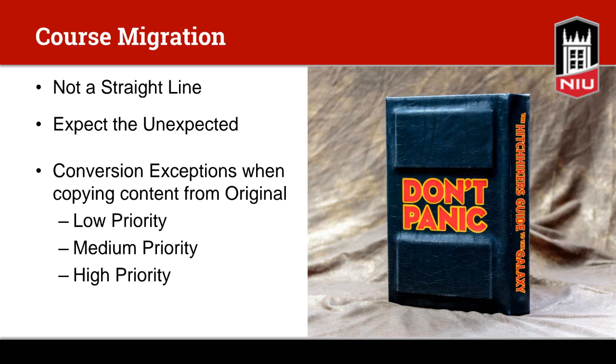Medium priority items are more like feature changes, so something might work a little differently. It's the high priority changes you really want to take a look at because those are going to be unsupported features. So that's when they're going to be removing stuff from your course.